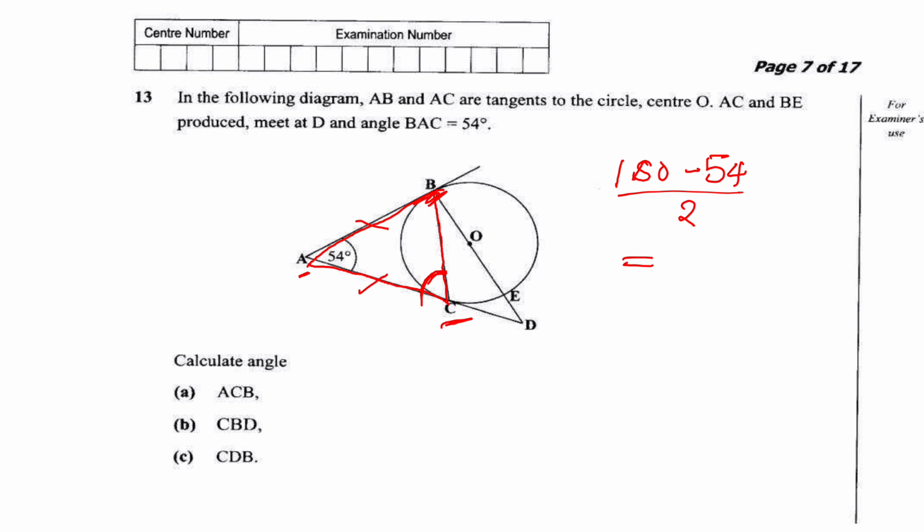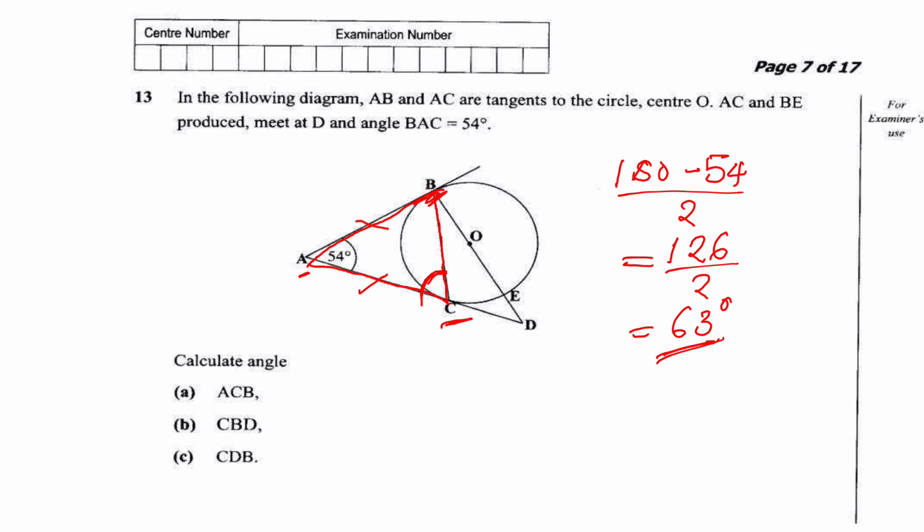So 180 minus 54, we'll get 126, and then divide by 2, so we are getting 63 degrees. So each angle is 63, because when you say 180 minus 54 divided by 2, you are sharing, so the angle will be shared.